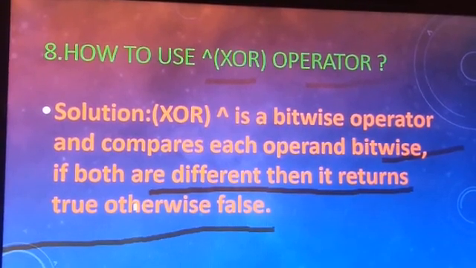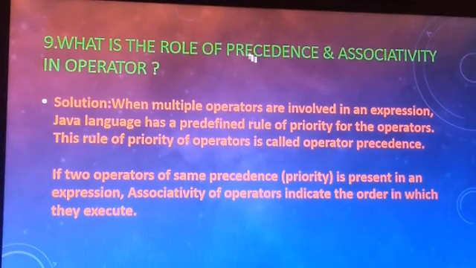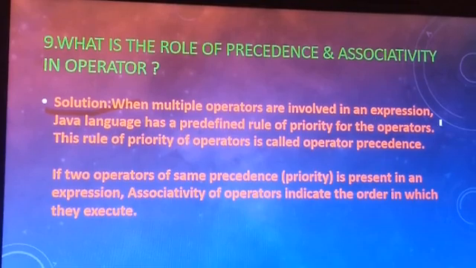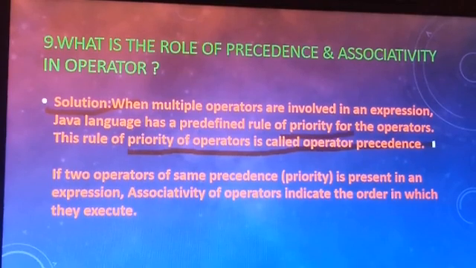Ninth question is, what is the role of precedence and associativity in operators? Solution: when multiple operators are involved in an expression, the Java language has a predefined rule of priority for the operators. This rule of priority of operators is called operator precedence.